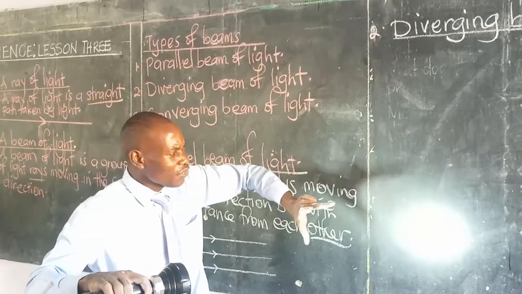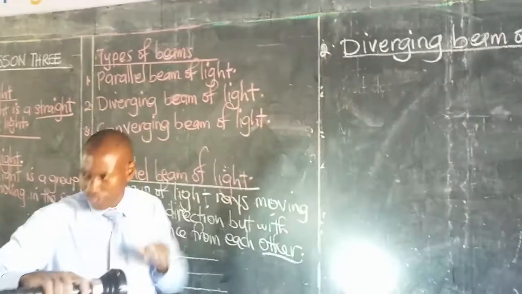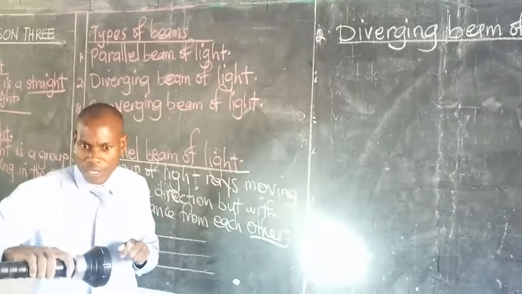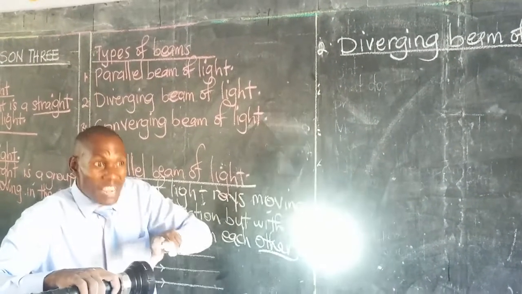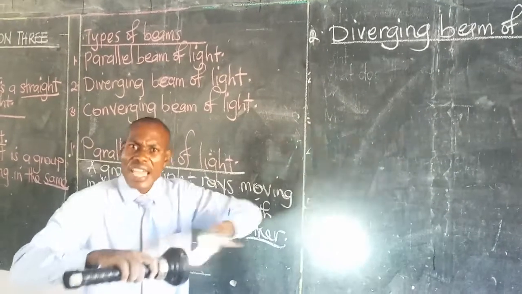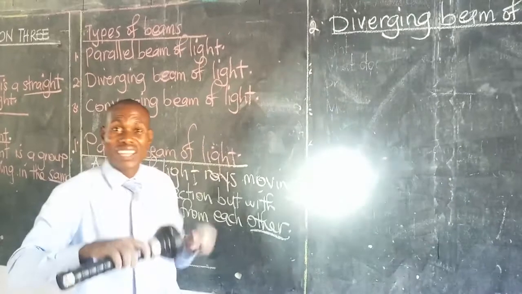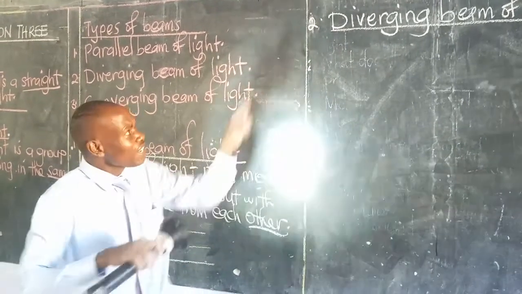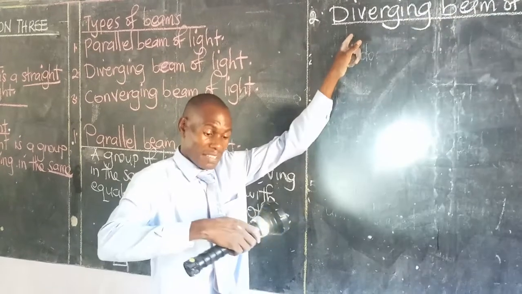The further it goes, the more it spreads away from its source. Now, whenever light rays move from the source and then spread to different directions, that kind of beam is called a diverging beam of light.